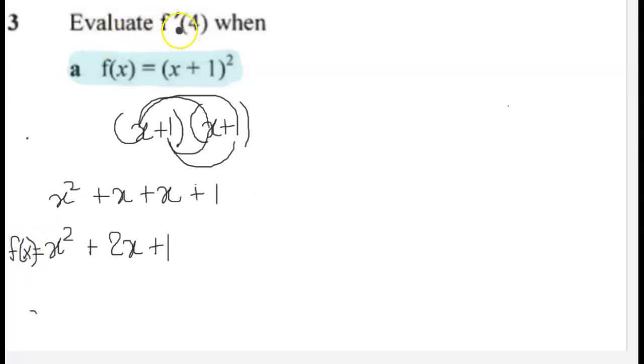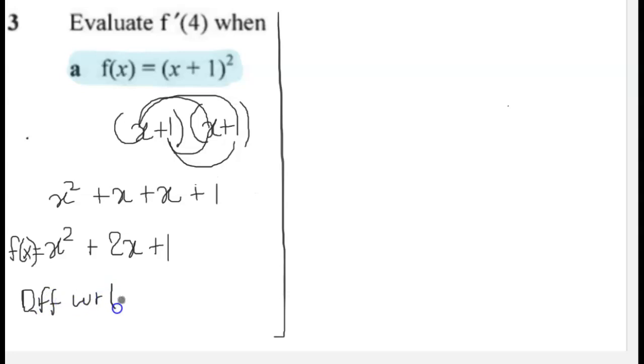Now the question is finding the f dash of x or 4. So we need to differentiate on both sides. So you're still going to write down here differentiating with respect to x on both sides.